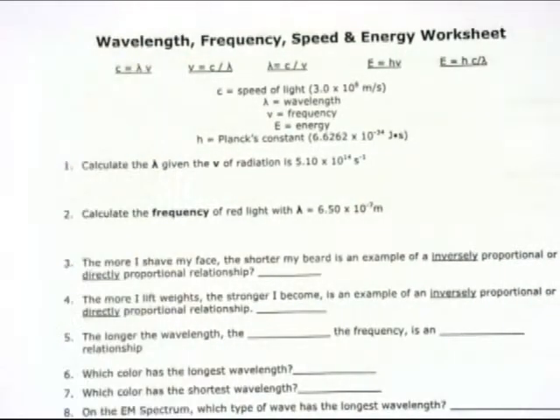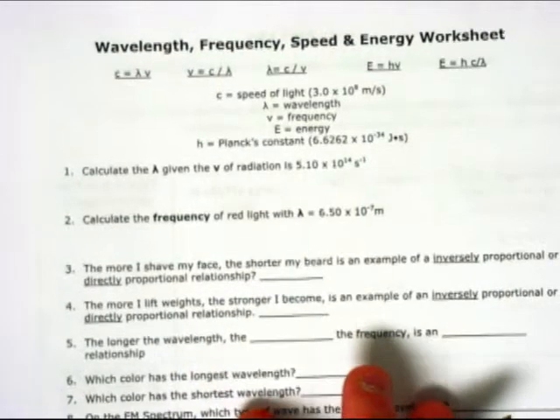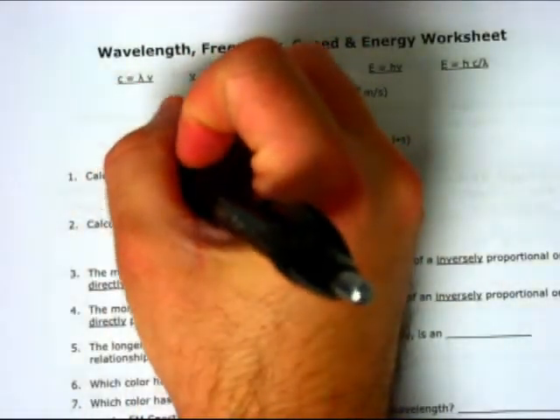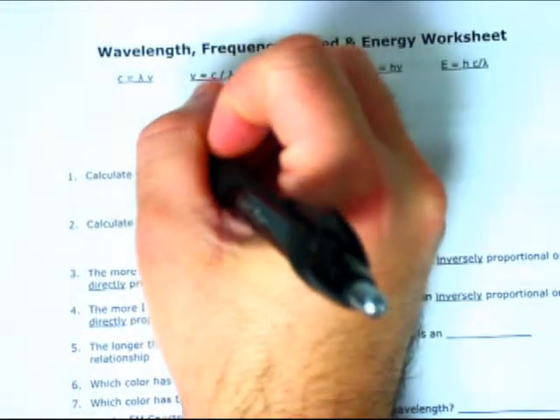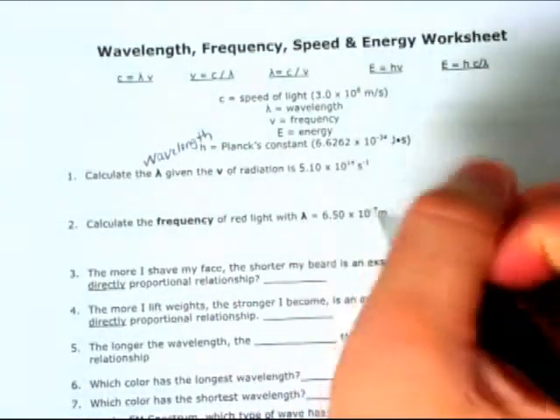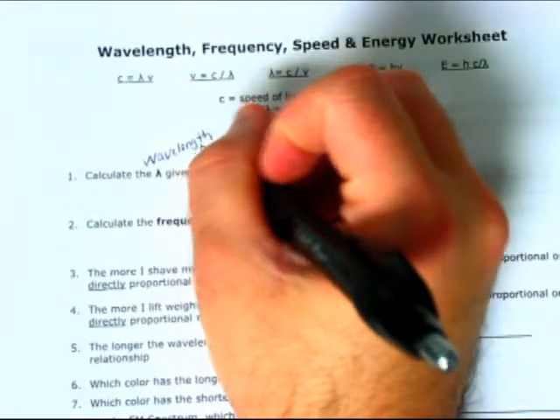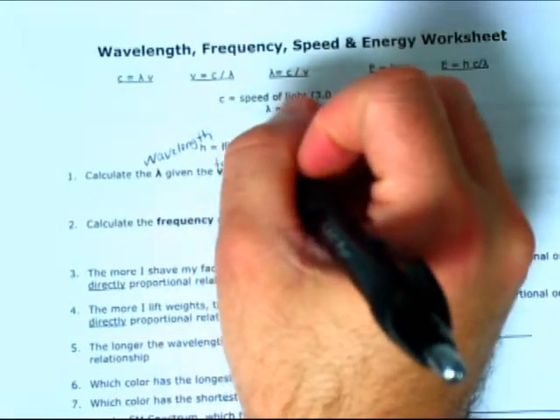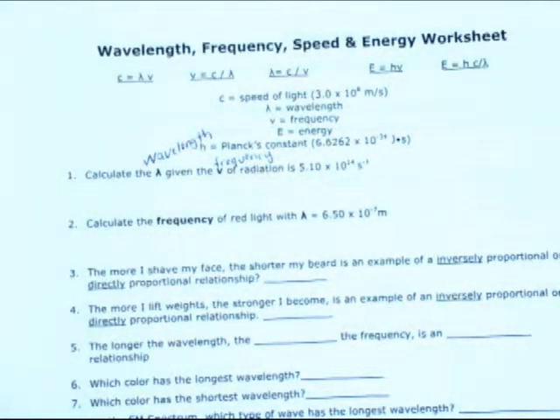But in problem 1, it says calculate the, I'm sorry, not w, the upside down y. What does the upside down y represent? Very good. Given the v, what does that mean, the v of radiation? The frequency, right?